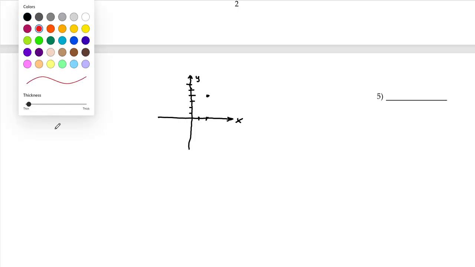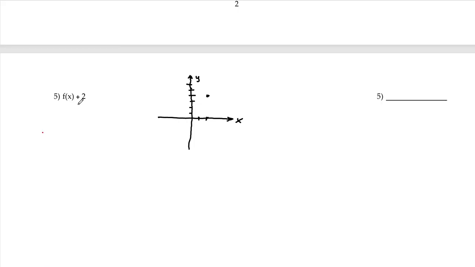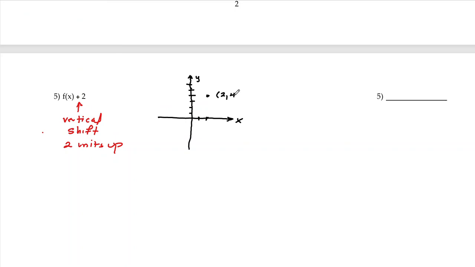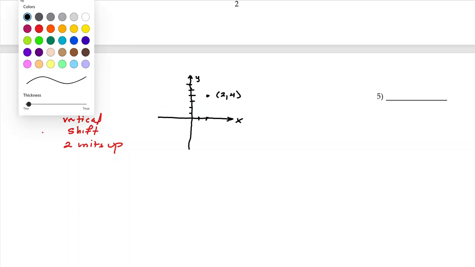So f of x plus 2 means that they have done here a vertical shift 2 units up. If there is a vertical shift 2 units up, this point that was at 2, 4, what are you doing? You are adding 2 to the y coordinate.